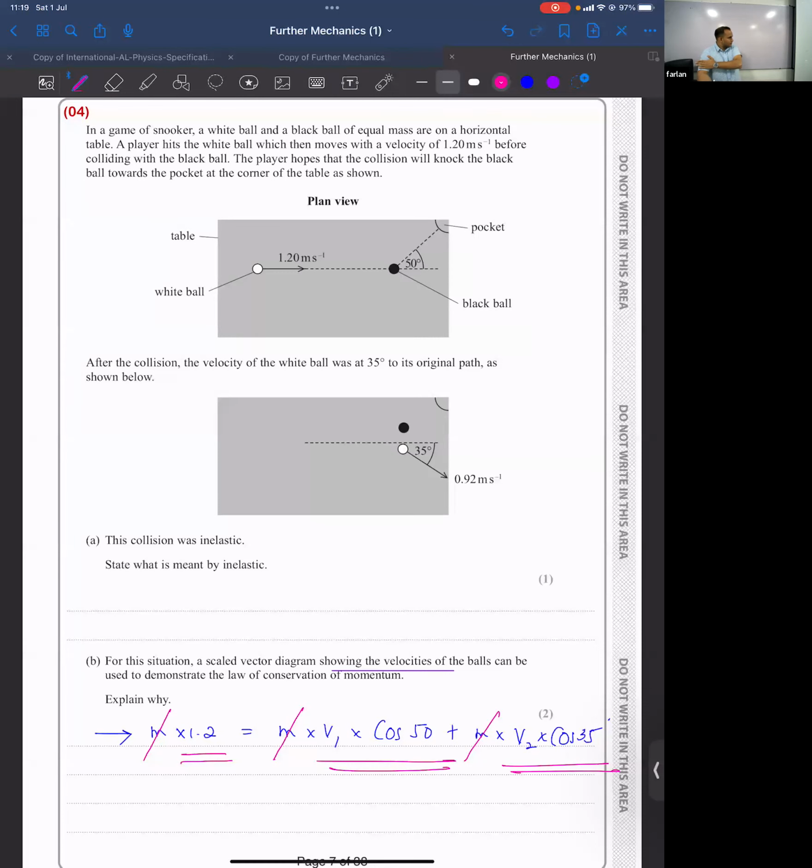Momentum is conserved by the law. But this is a special case where both the balls have the same mass. So when both the balls have the same mass, the momentum conservation becomes what? Velocity conservation. Understand? That happens because both the balls have the same mass. Otherwise, it can't happen. Correct? So write the answer.